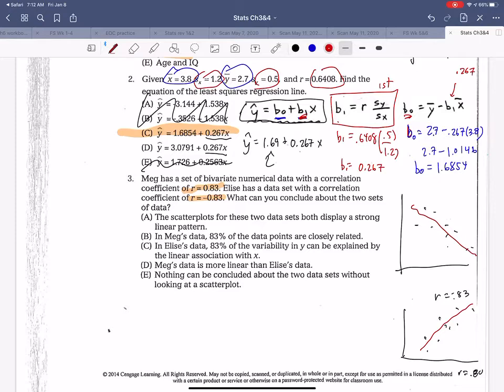So we could conclude that it's strong. Well, I'd say relatively strong. So let's keep reading.